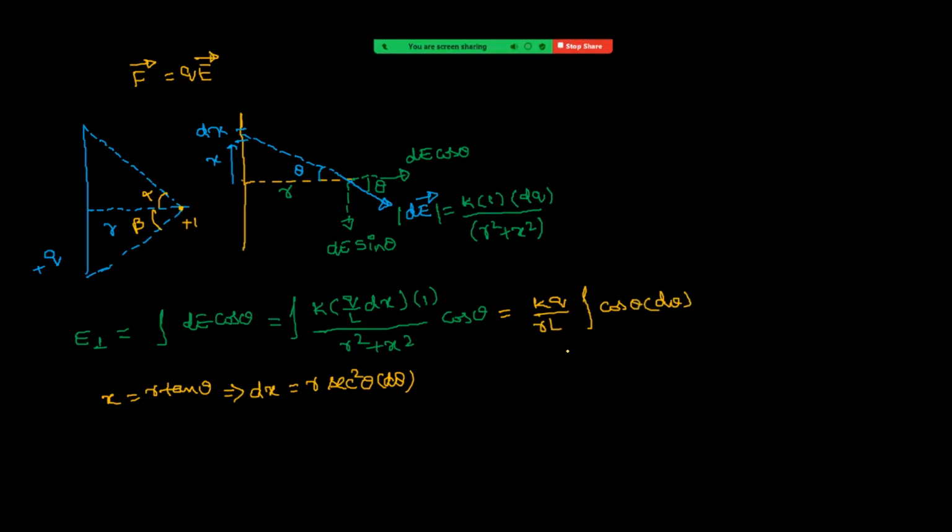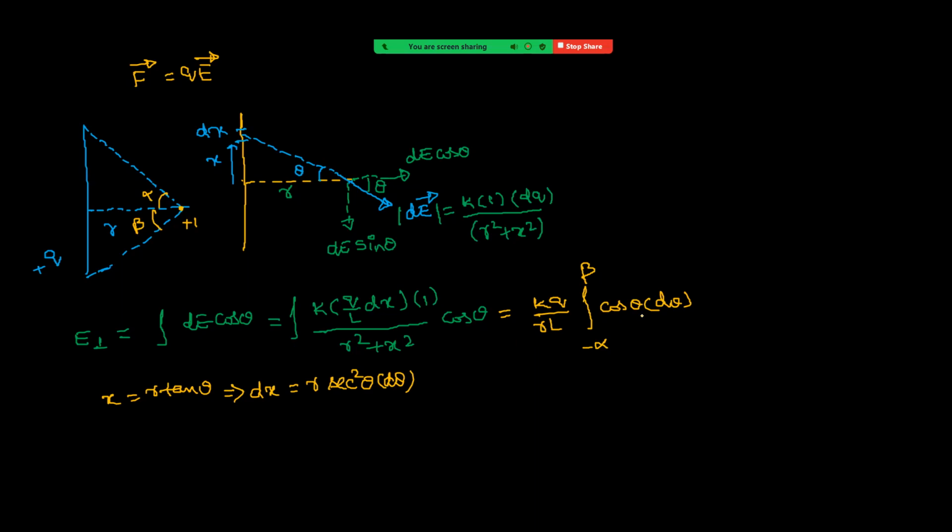Now limits. While taking limits, we should be very careful. With respect to this normal, alpha is clockwise and beta is anti-clockwise. If we consider clockwise as negative and anti-clockwise as positive, then the limits are minus alpha to beta.